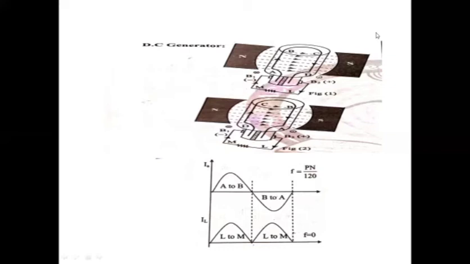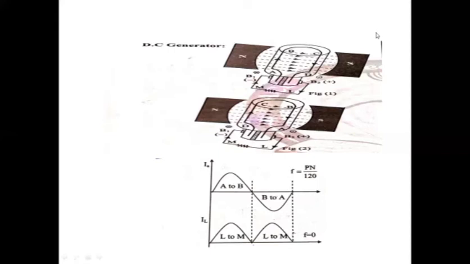So I think you got a rough idea, if you are hearing it for the first time. You should understand that in a DC generator, the initial voltage that we generate is AC only. Then we use the commutator or the split ring setup to get the DC, which makes it unidirectional.